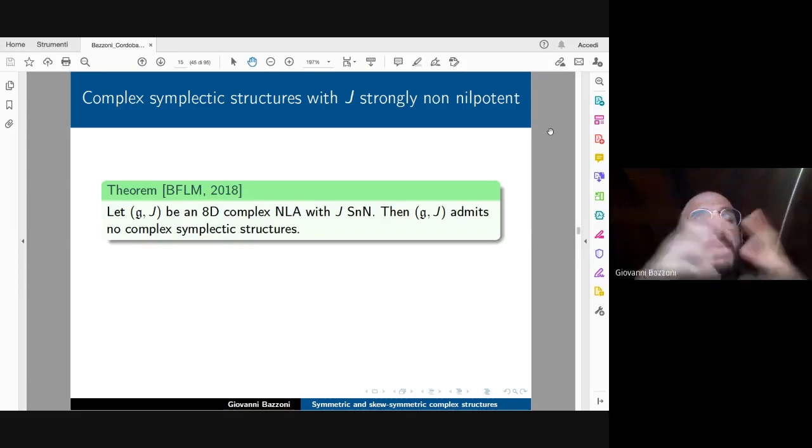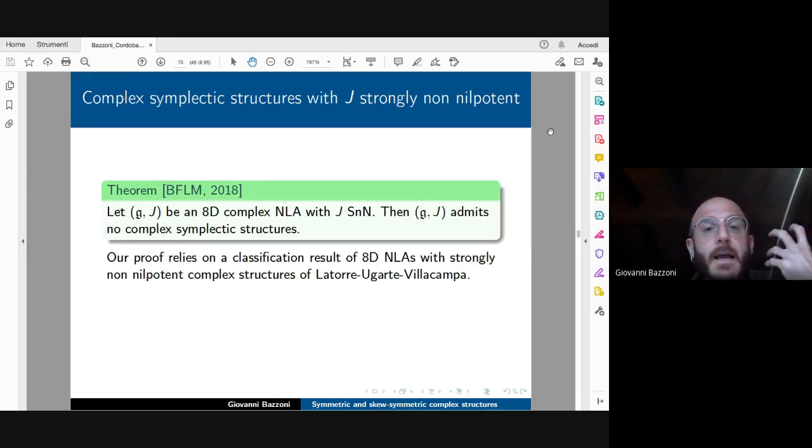Okay, so you won't be able to find any omega with respect to which J is symmetric.